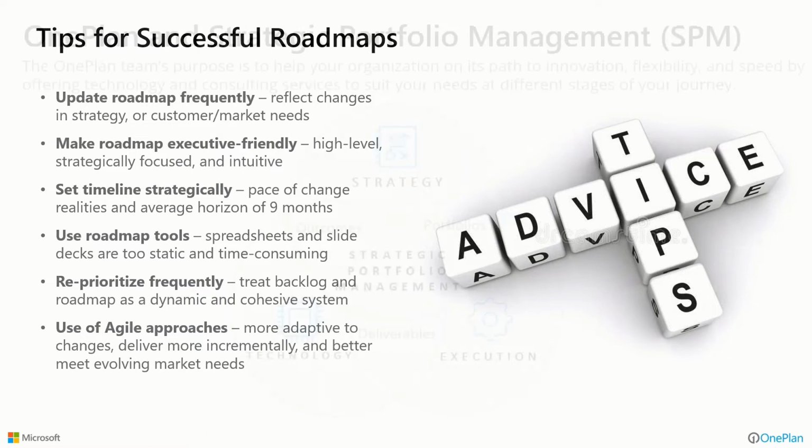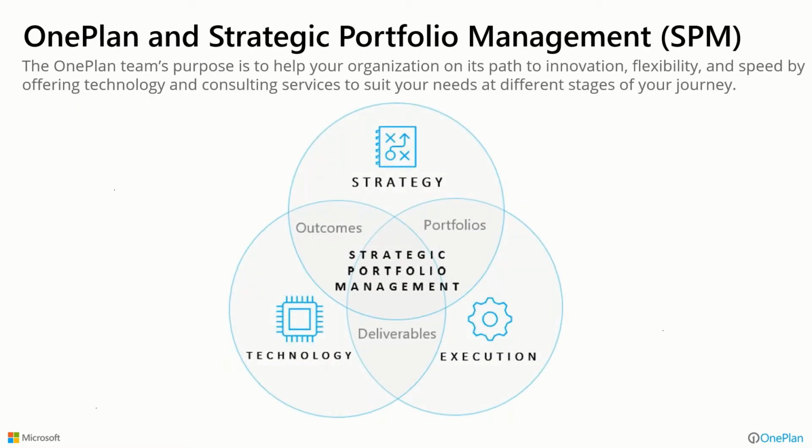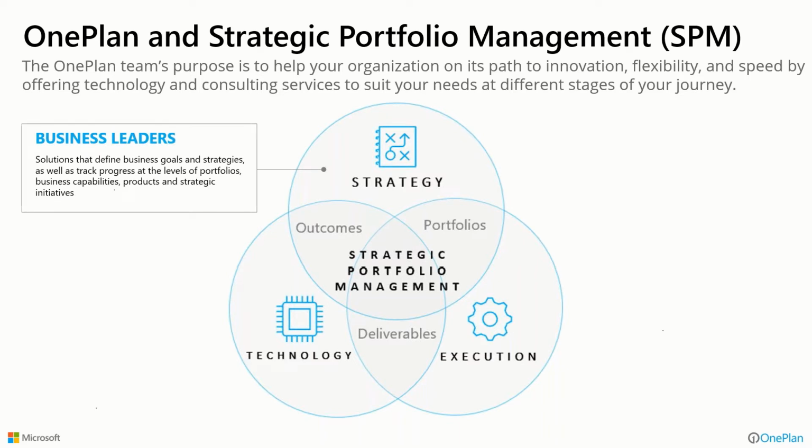Now, OnePlan, which we're going to show you today, really provides a lot of these dimensions that you'd feed into a roadmap. There's more than just the projects themselves or the product development or the initiatives that have to go into this. As we mentioned, there's the business leaders who develop the strategies, and OnePlan has the ability to define that strategic plan.